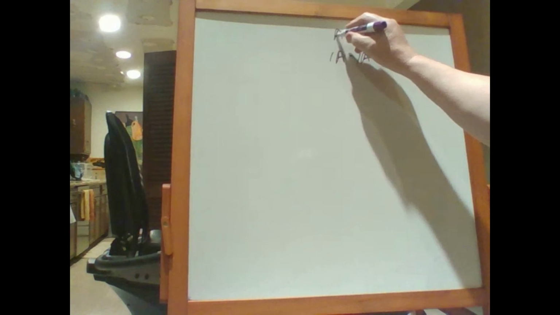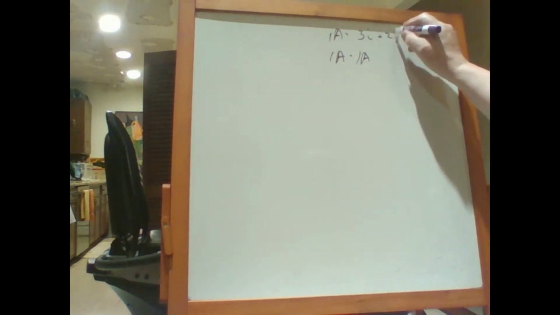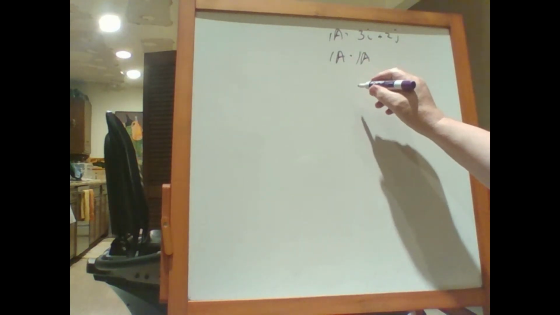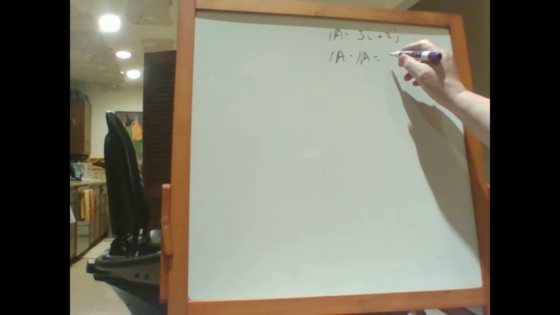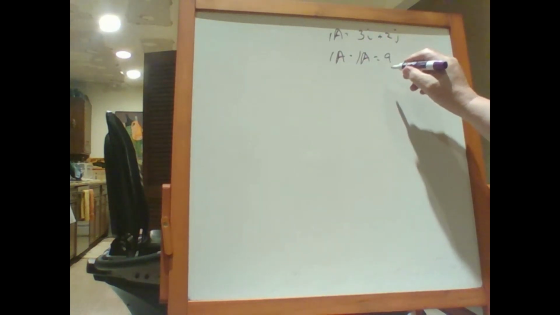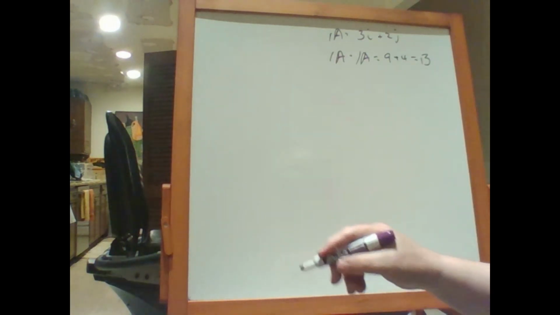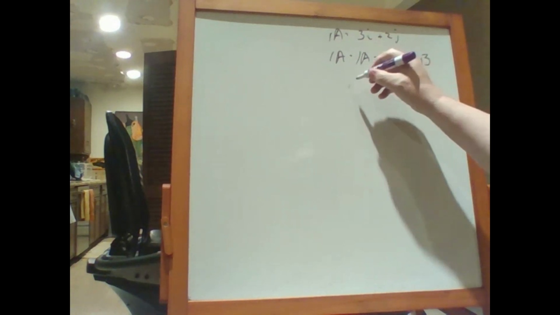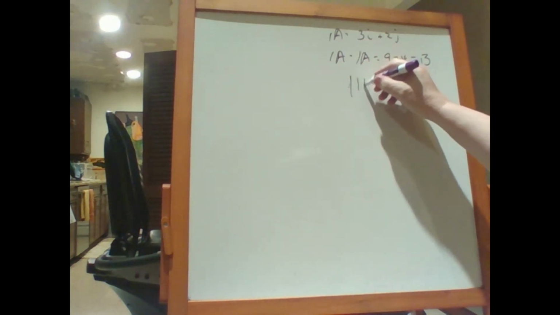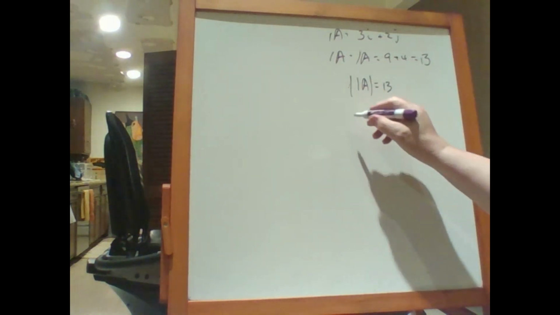So let's say A is equal to 3I plus 2J. And we've got A dot A, so that's 9 plus 4, that's 13. Okay, so the magnitude of A squared is equal to 13.